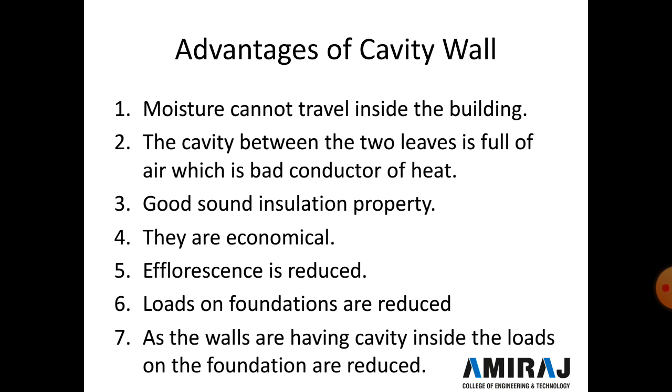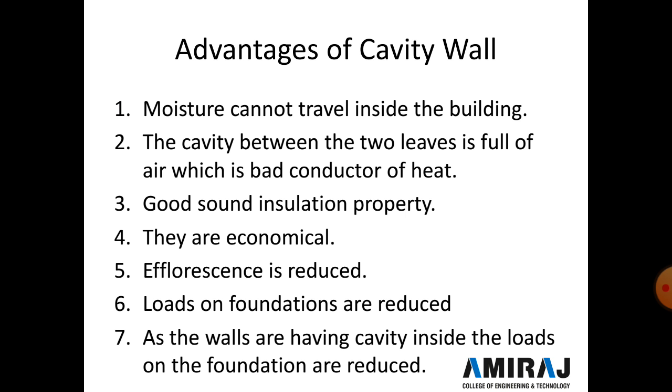Direct moisture cannot travel inside the building, so there is no direct contact between the inner and outer leaf. The next advantage is that the cavity between the two leaves is full of air, which is a bad conductor of heat, so the transmission of heat from the external face to the inside of the room is very much reduced.